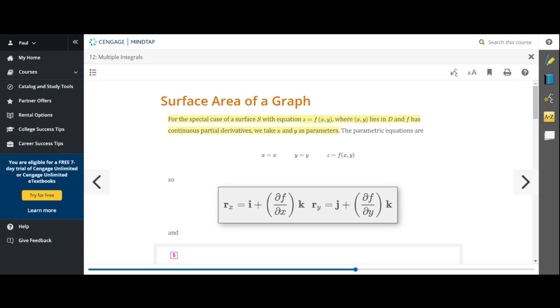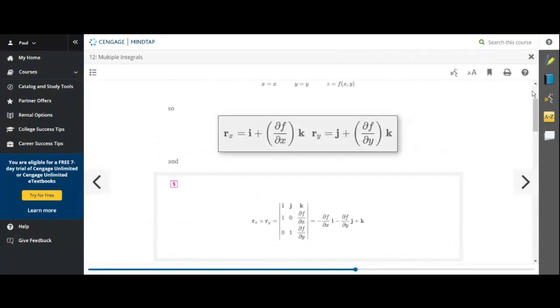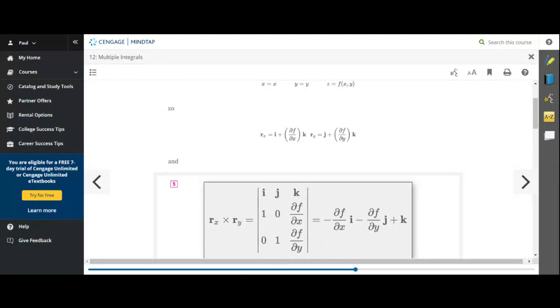Well, so now what you can do is you can consider, let me take the cross product of those two vectors, and if you do, the cross product of those two derivative vectors is going to equal negative the partial derivative of f with respect to x times i minus the partial derivative of f with respect to y times j plus k.